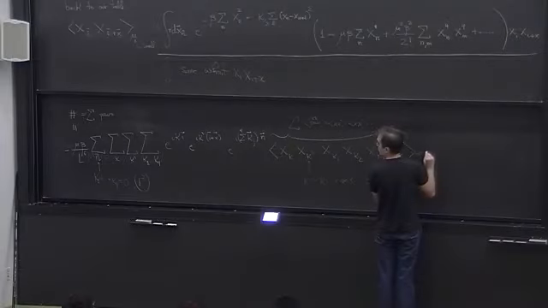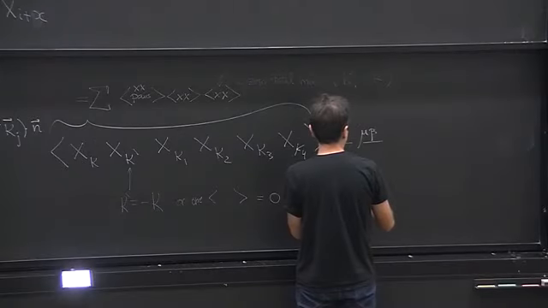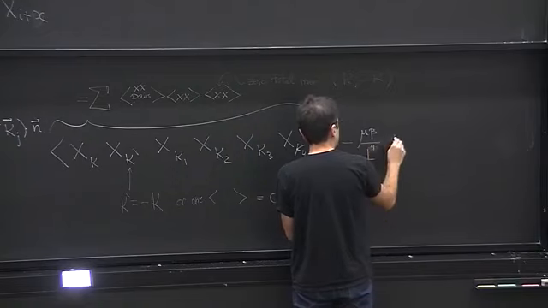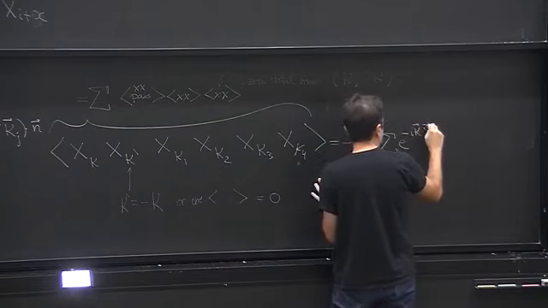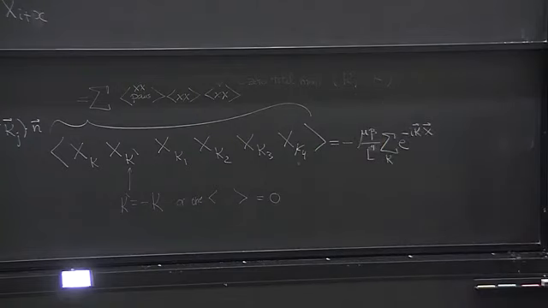minus mu beta over L to the 4, sum over k, e to the minus i k dot separation x. The annoying i disappeared, so it's good.